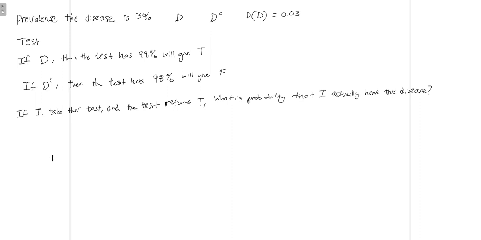So to find this probability, we're looking for the probability that I have the disease if the test gives me true.